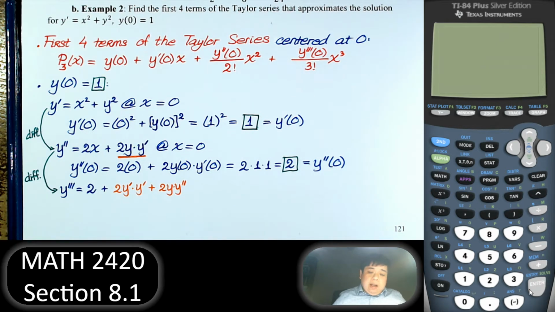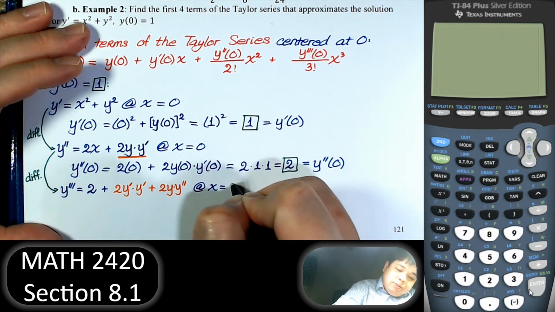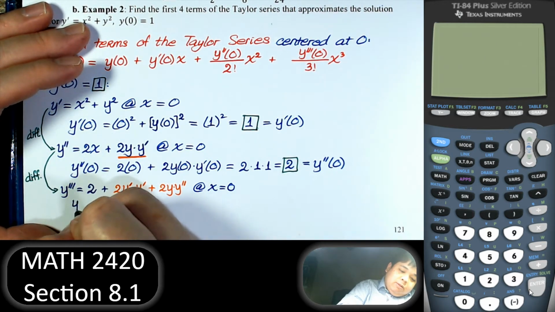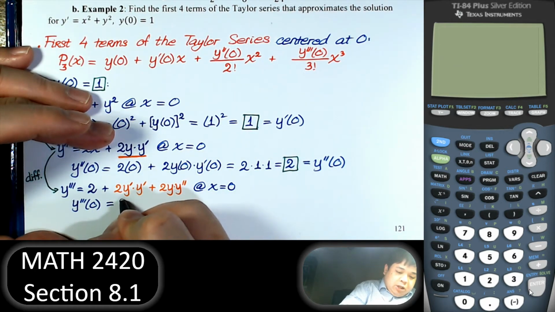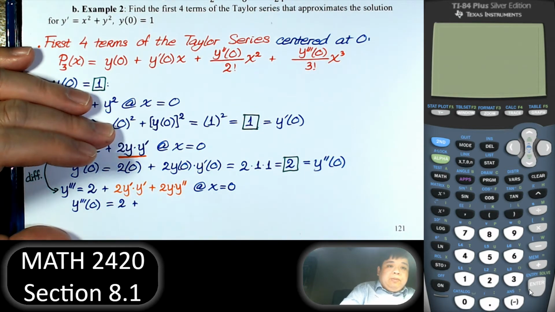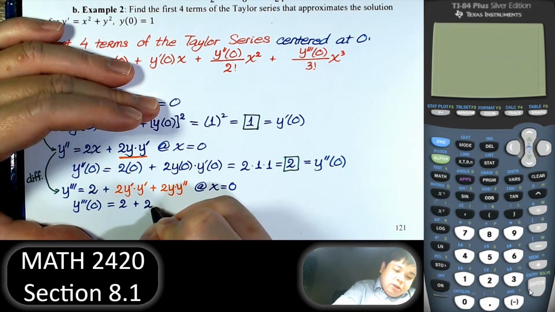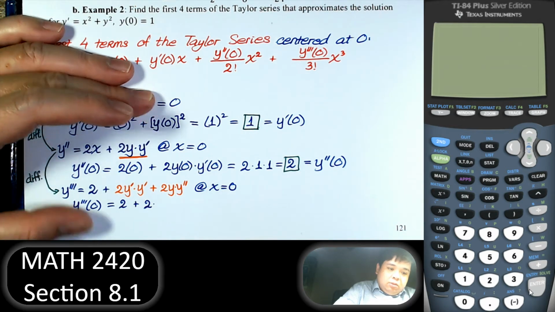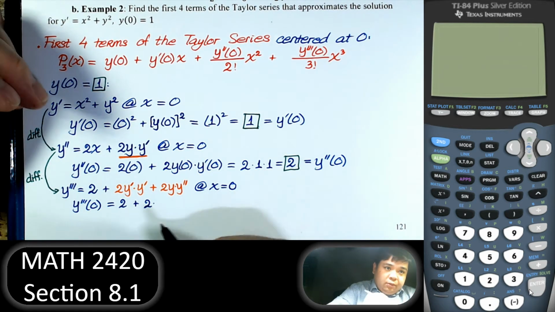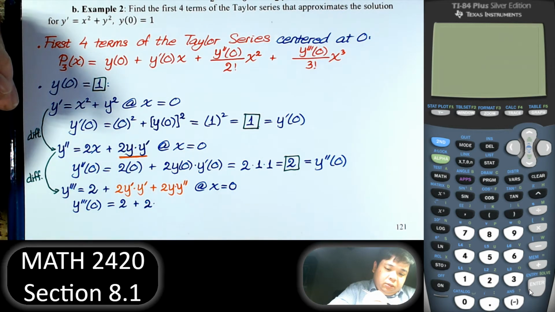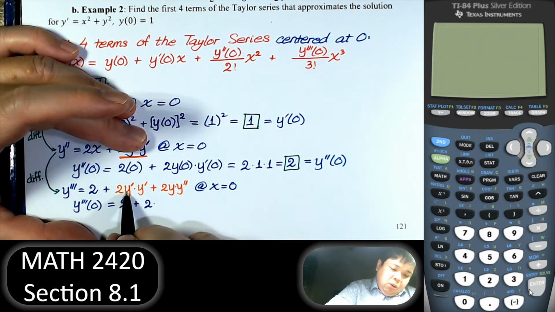Right. Now, evaluate at x equal to 0. Now, the third derivative at 0 will be 2, right? Plus 2 times y prime.